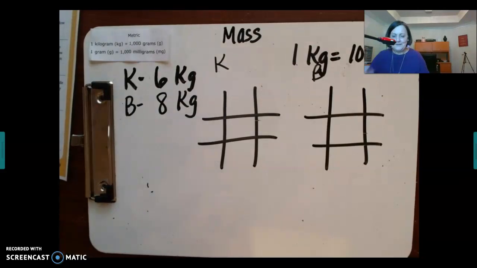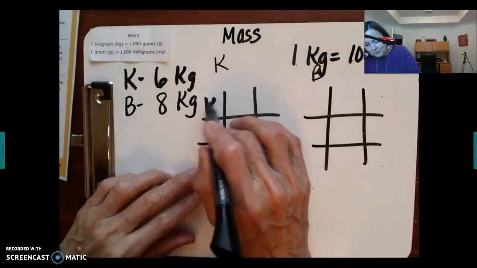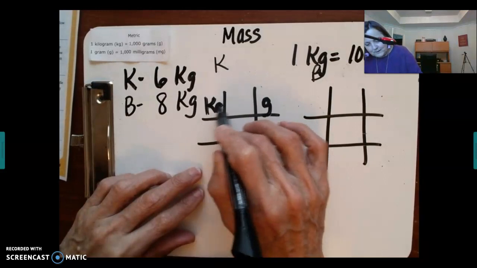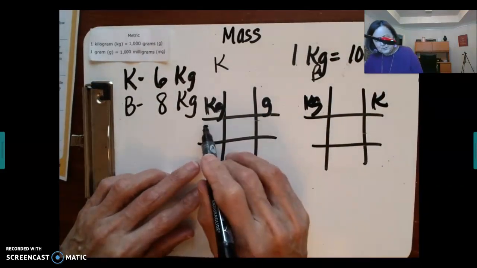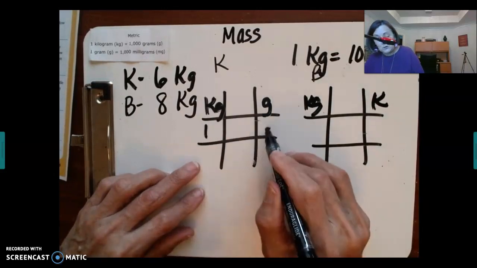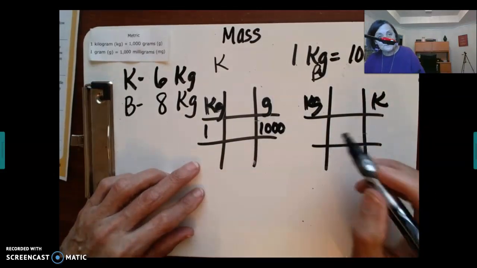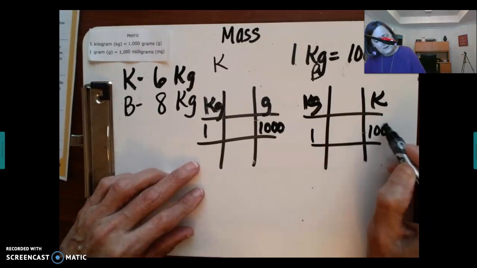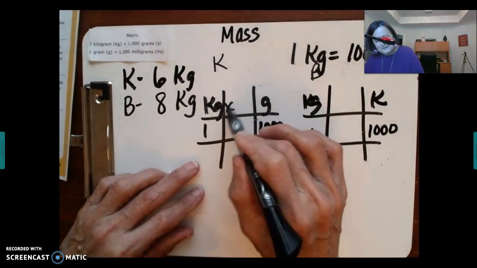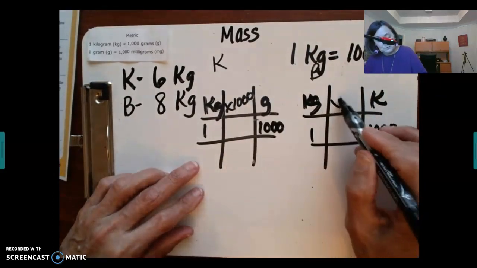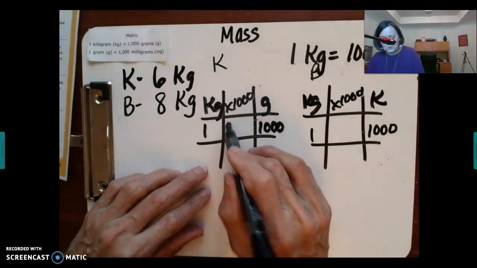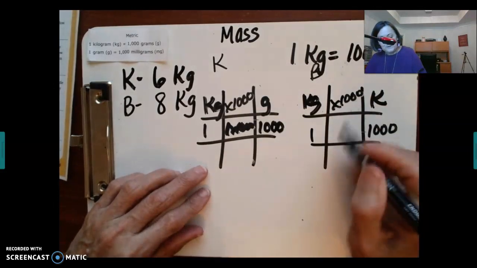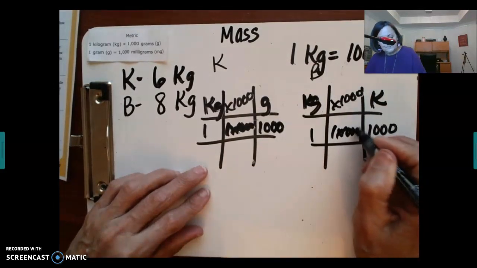All right. Did you label this kilograms, grams? And did you label this as 1 kilogram and 1,000 grams? And that way, then I know I'm multiplying times 1,000 for both of those, because 1 times 1,000 equals 1,000.